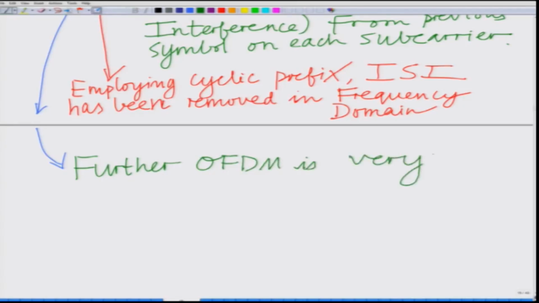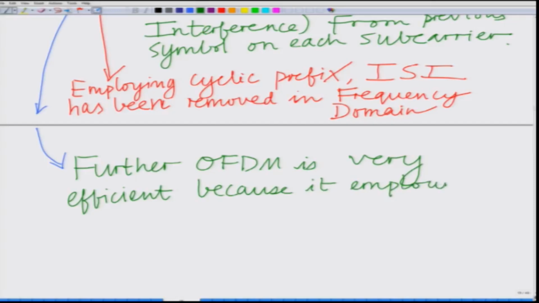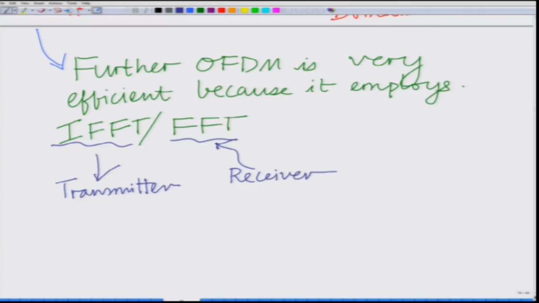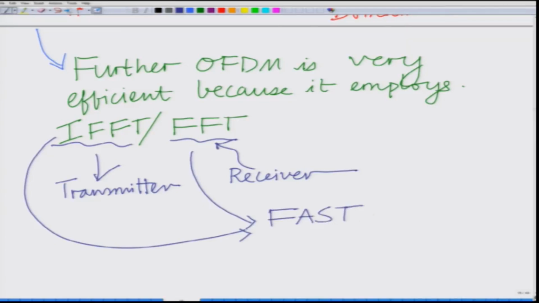OFDM employs IFFT/FFT, that is IFFT at the transmitter and FFT at the receiver, and both of these are very fast and efficient algorithms.